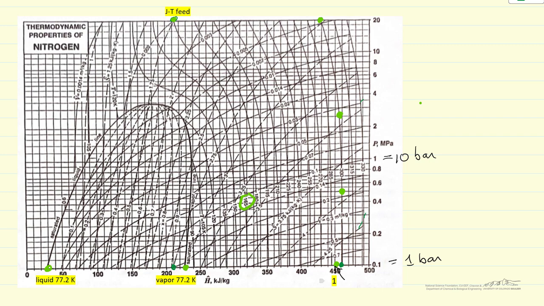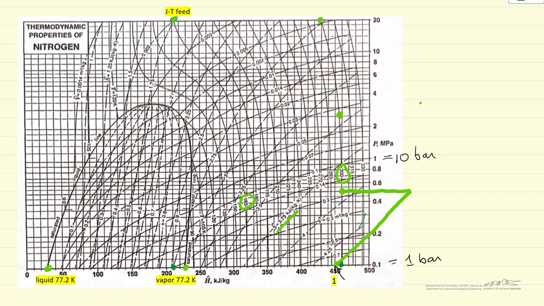And what we're going to do is compress at constant entropy. You can see these lines here that are labeled as the constant entropy lines. Compress it up to 5 bar. Approximately it's something like this, and it goes off the scale. So we go through a heat exchanger at constant pressure. We get back to 300 Kelvin, as you can see by the label here for the temperature.